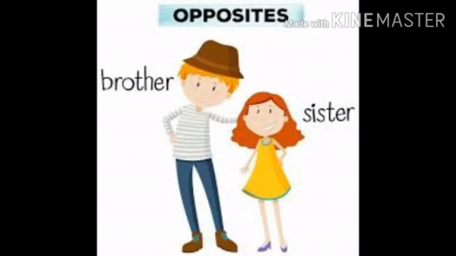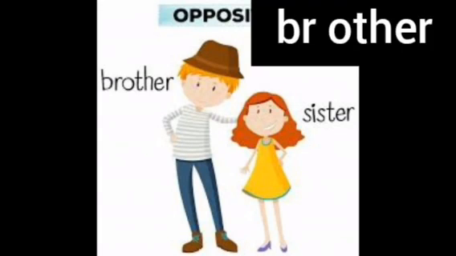Yes, it is brown. BR starts for brown. So BR, bra. OWN, on. Brown. Can you see this? Yes, BR stands for blend. Okay. Now see the next one. Who is he? Brother.